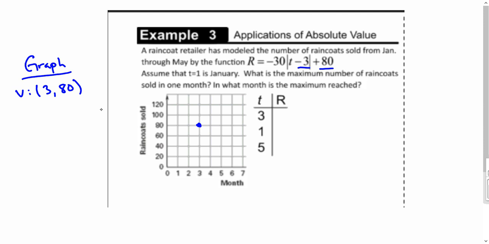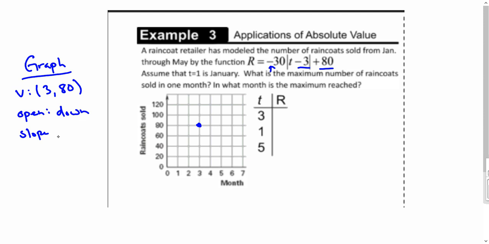Okay. What direction is it going to open? Well, to determine that, I need to look at the value of a. Is it positive or negative? It's negative, so it's going to open down. Then to figure out what the slope is, I'm going to look at that value of a.